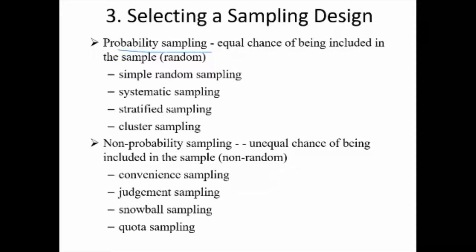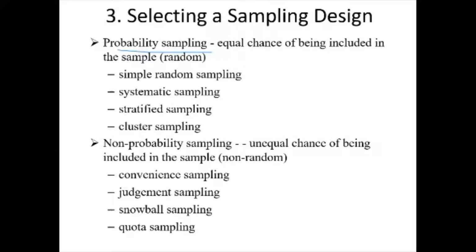That is called probability sampling. Non-probability sampling means there is not an equal chance, and sometimes no chance, of being included in the sample. So what exactly are probability sampling and non-probability sampling?